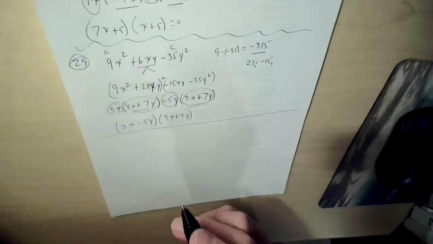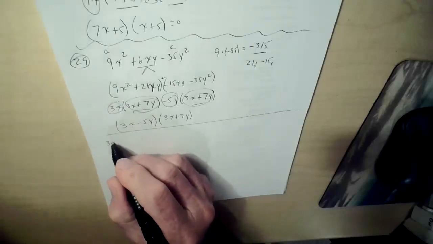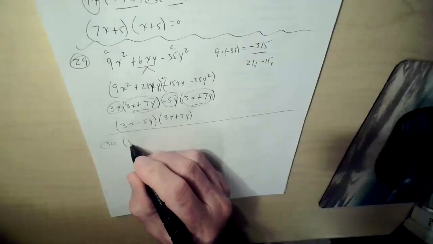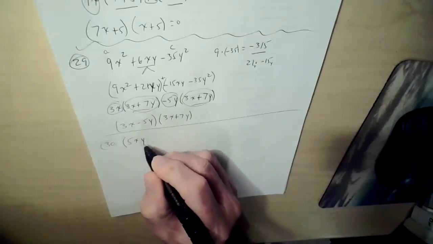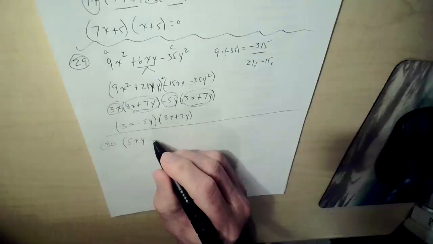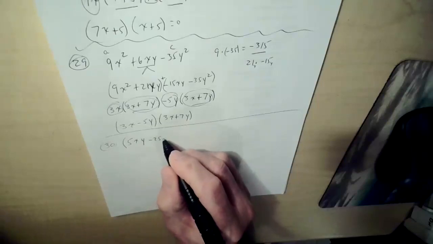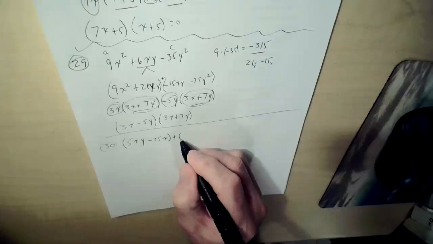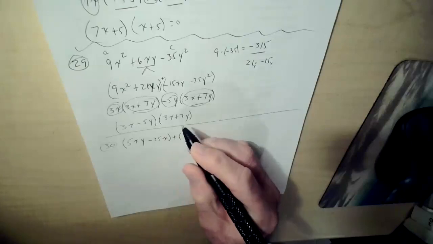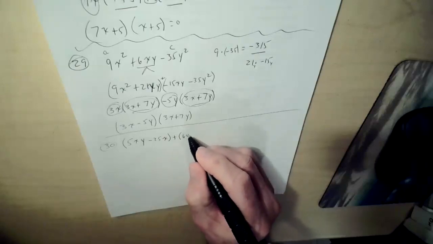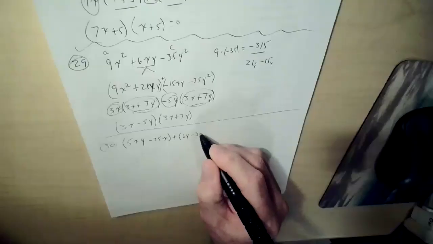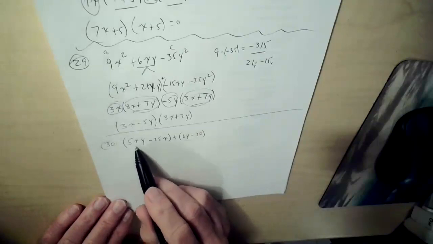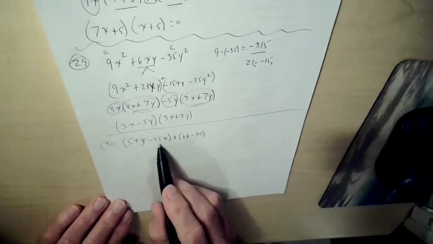Basically the same problem. We're just doing groupage here. Number 30. 5xy minus 25x, closed, plus 6y minus 30.